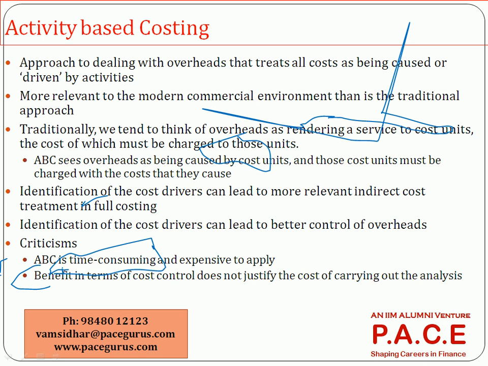So there is no such rule that the rent has to be allocated only in this manner. It's more of a logic, it's more of a business understanding of the appropriate drivers for that particular overhead cost, and then using your intelligence to do the allocation. So what activity based costing is actually helping out with in that scenario is helping you to identify the exact drivers which can make you do a better prediction of the costs involved.